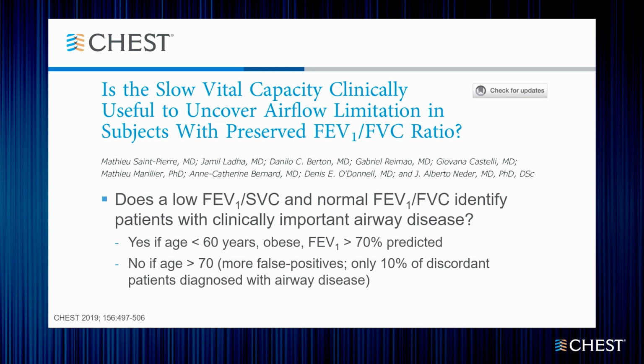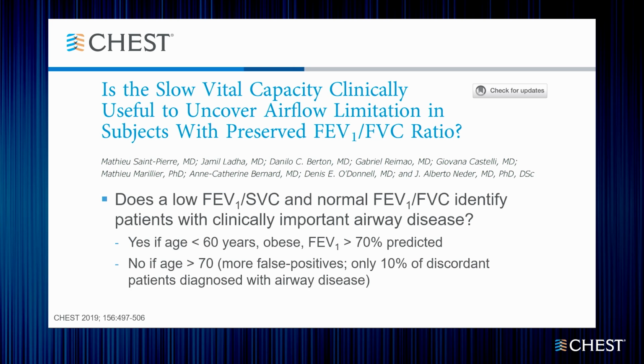Well, here's a study in CHEST in 2019 where they looked at FEV1 over slow VC. Now, there's some literature on the difference between FVC and slow VC, and slow VC is greater than FVC as you get older, and also in obesity and in patients with obstructive lung disease. But there's a low FEV1 SVC and a normal FEV1 FVC. Does that identify patients with clinically important airways disease?